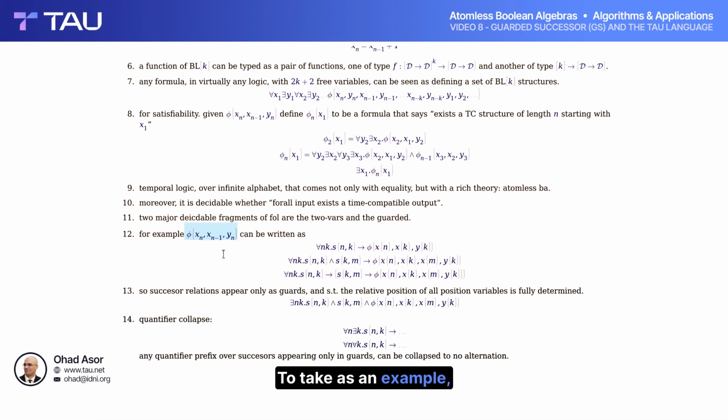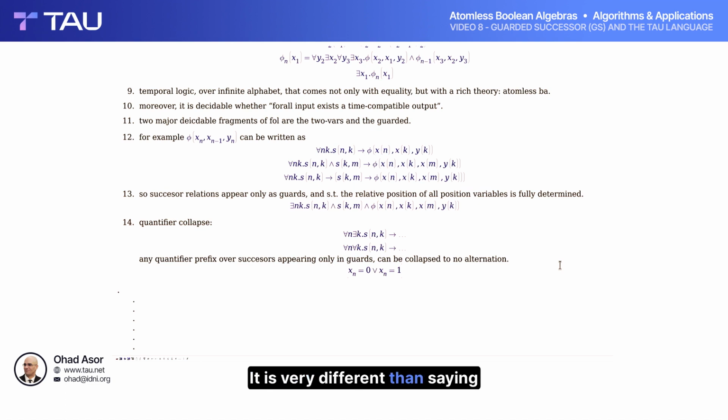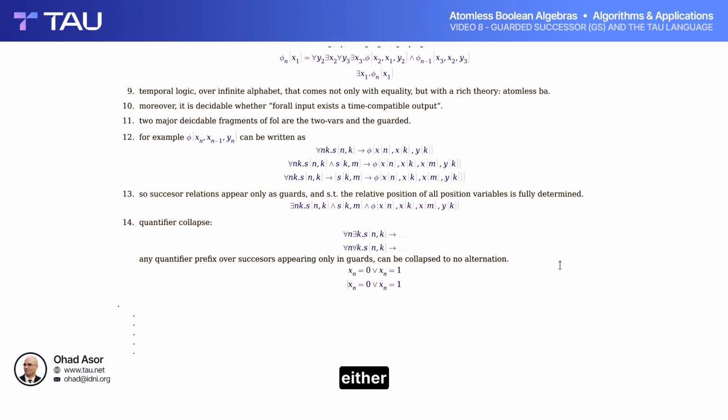To take as an example, let's say I have a formula that says xn equals 0 or xn equals 1. So it says that there are no inputs, only outputs. The outputs are either 0 or 1. It is very different than saying either for all n xn equals 0, or for all n xn equals 1.